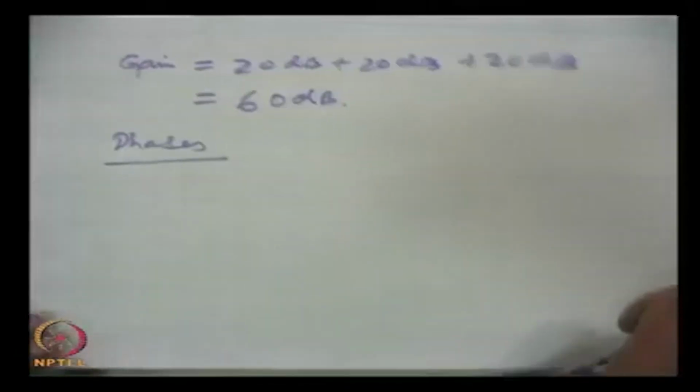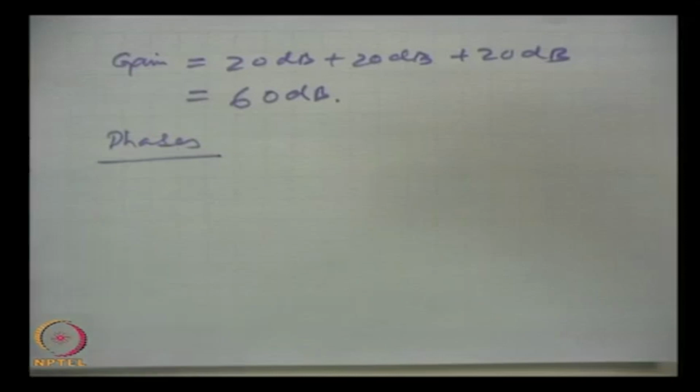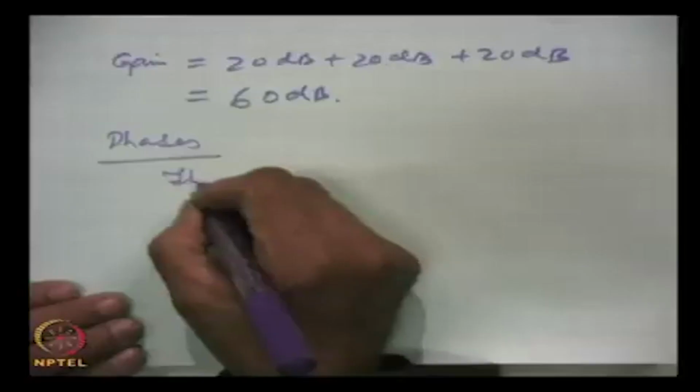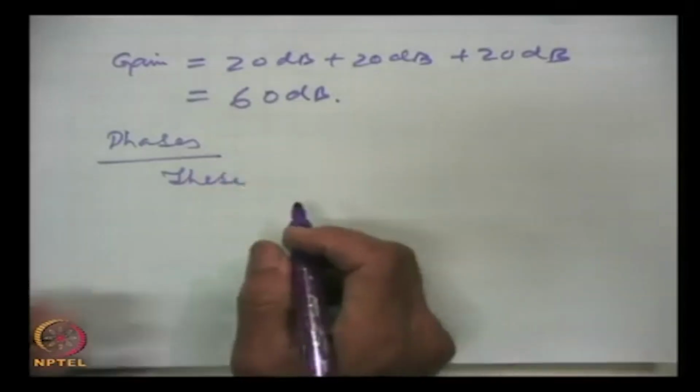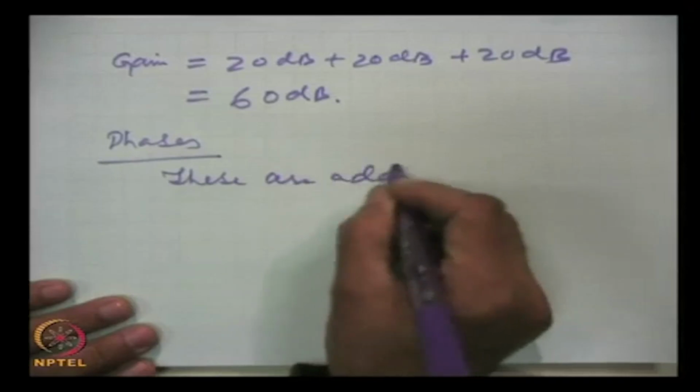Now, what about the phases? These are algebraically additive. By simple intuition we can see that they have to be additive.